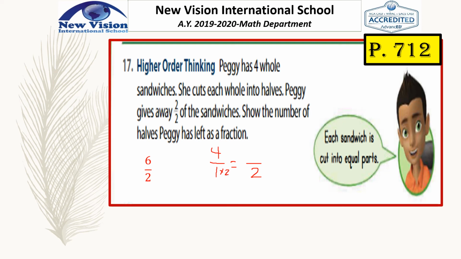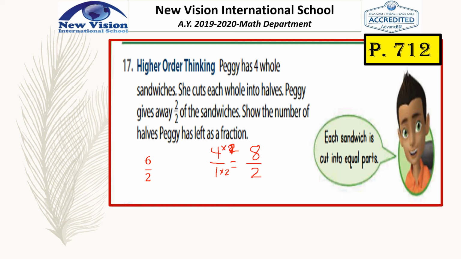So 1 times 2 is equal to 2, right? Now, since you are multiplying the denominator by 2, we are also going to multiply the numerator 4 by 2, giving us 4 times 2 is 8, thus giving us the fraction 8 halves.